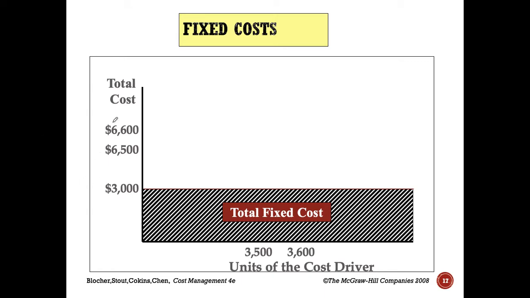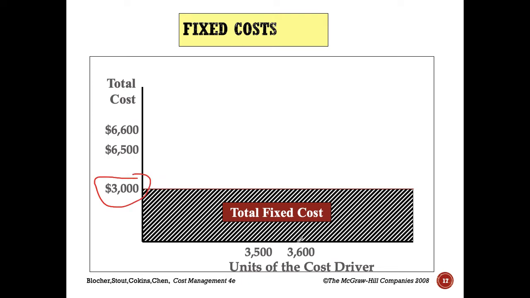So this is the example of fixed cost. For fixed cost, it's said that the portion of the total cost doesn't change with output within the relevant range. So the output is 3,500. The total cost is $3,000.